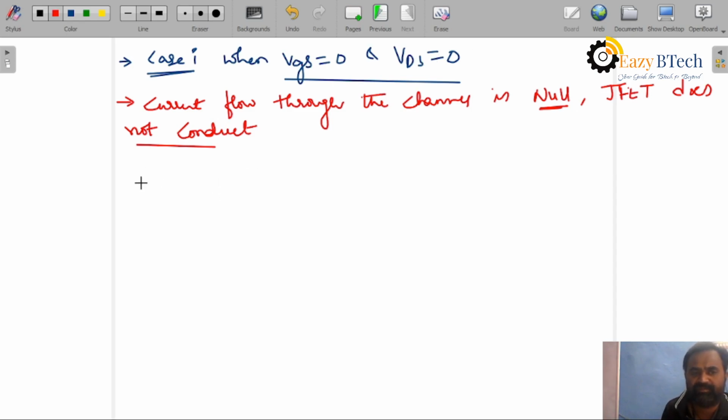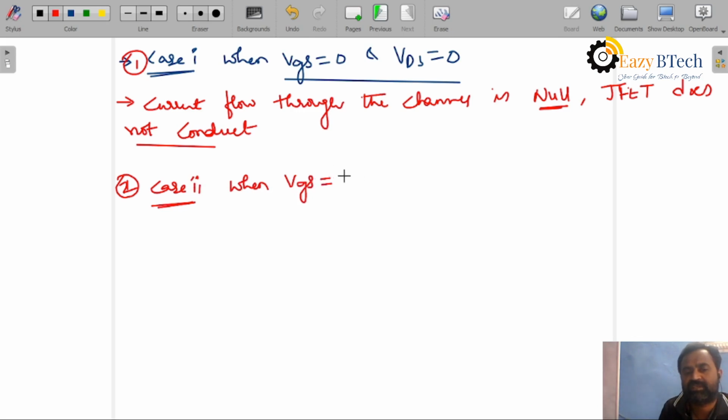Second case. Case 2, when VGS is 0 and VDS is plus 5 volts.